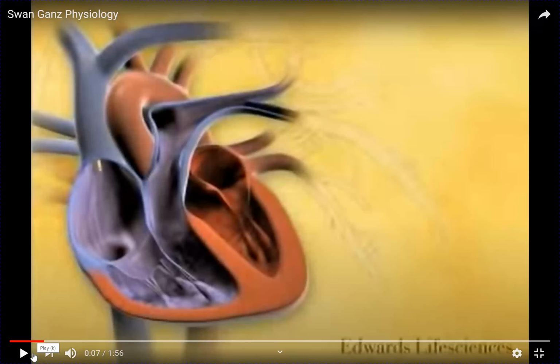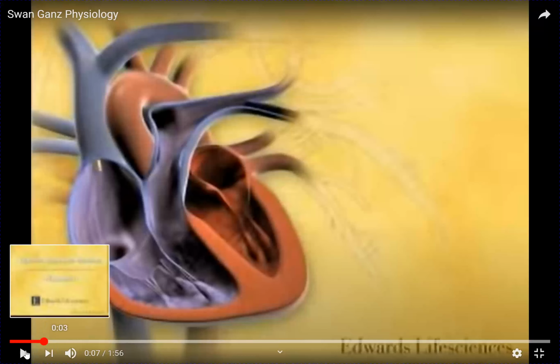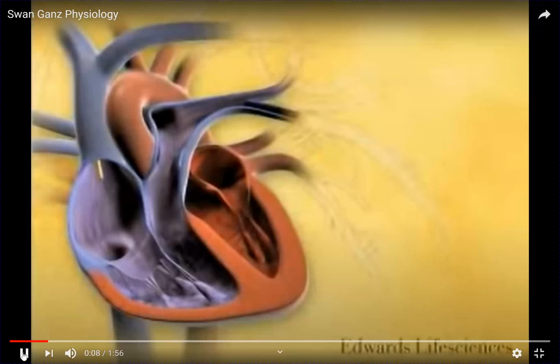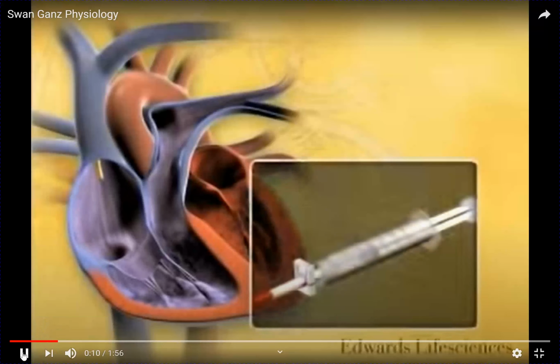So the tip will measure pressure in the pulmonary artery, which is on the left side of the heart, and then you have the other port opening in the right side of the heart. Then they inflate the balloon. This thing is like a Foley, so they inflate the balloon.